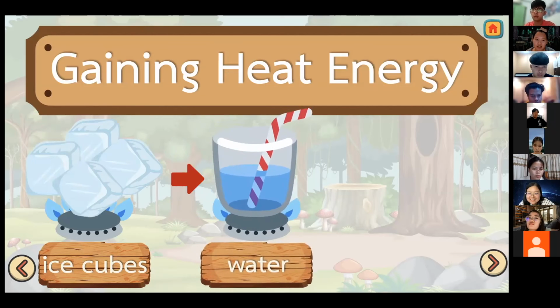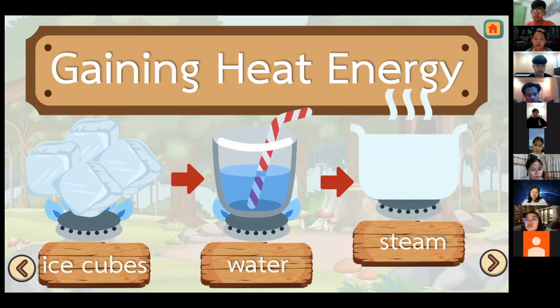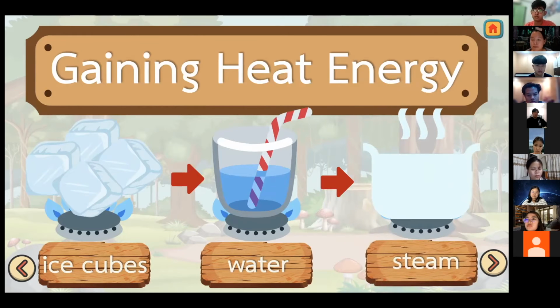The ice cube melts and turns into liquid state, or water. And if we add heat, the water will evaporate to become steam or water vapor. It's the same. Everyone understand?